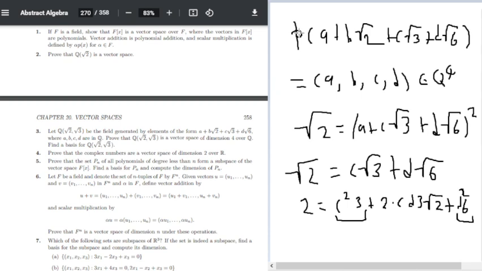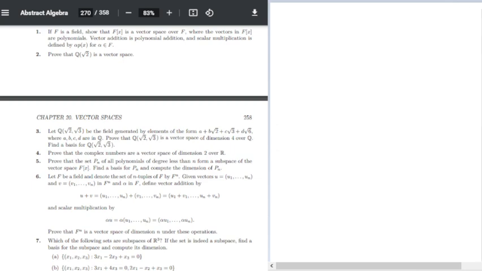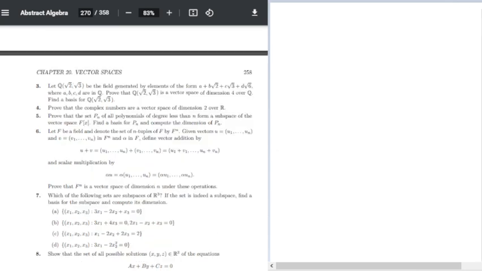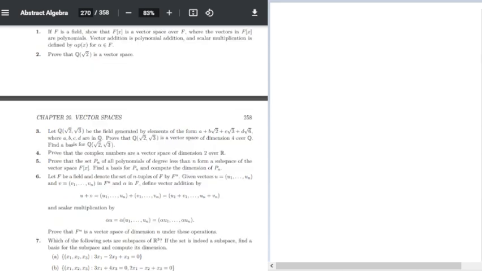Which means that this will also have a vector space structure of dimension 4. Ah, that is so cool. Okay. So we can define the basis as 1, square root of 2, square root of 3, square root of 6.